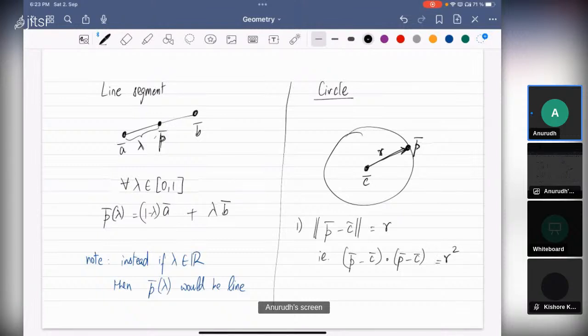Now if C was the origin, then this is just P dot P equals R square. And in general, if it's not, you'll get an equation of this form.